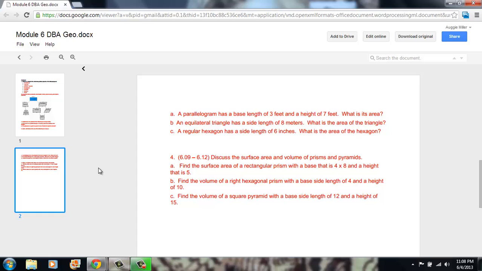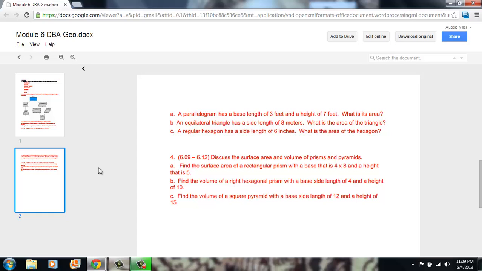So the square root of 27 is about 5.2. So you do 6 times 5.2. 6 times 5.2 is 31.2 divided by 2 is 15.6.